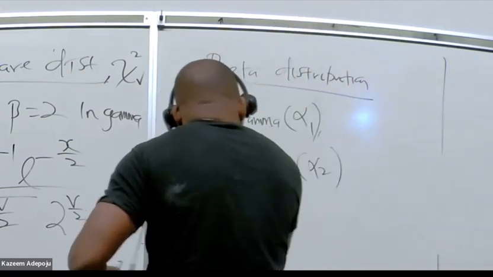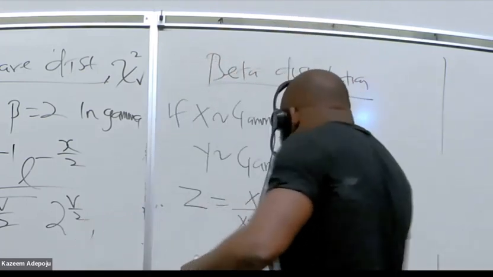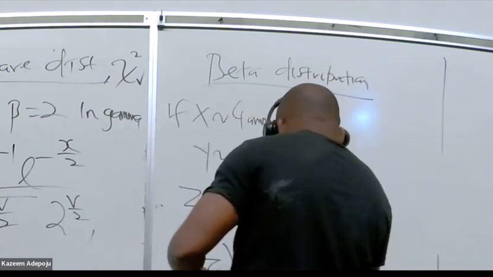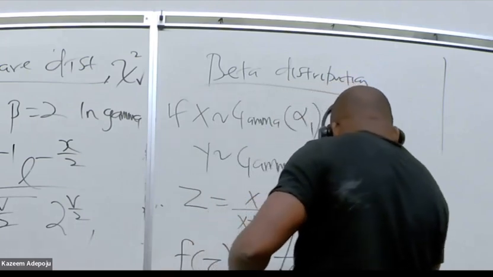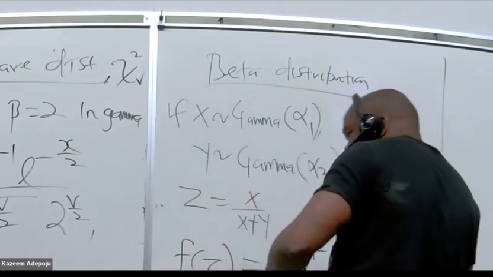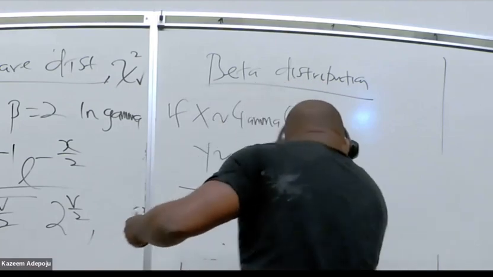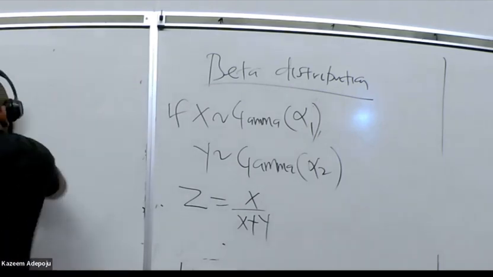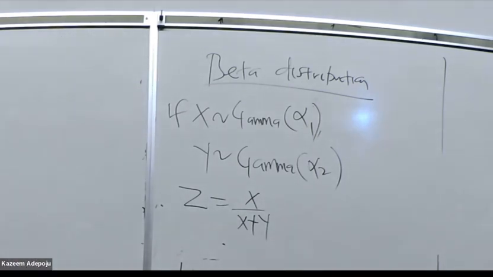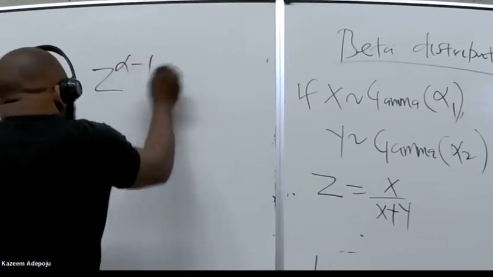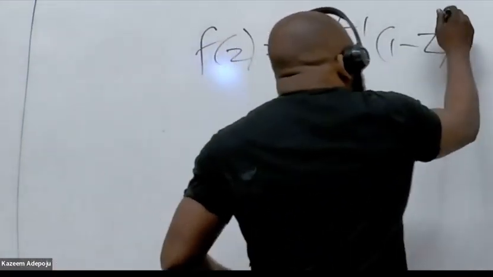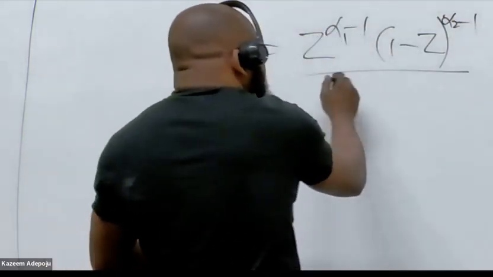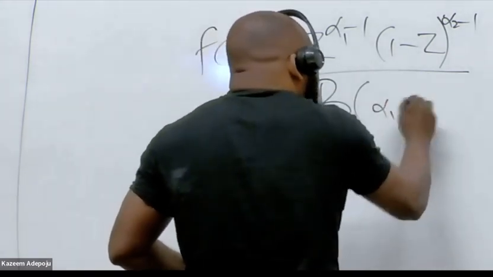Now, z equals x over x plus y. Using the Jacobian transformation, f of z will be z raised to power alpha 1 minus 1, 1 minus z raised to power alpha 2 minus 1, divided by B of alpha 1 comma alpha 2.